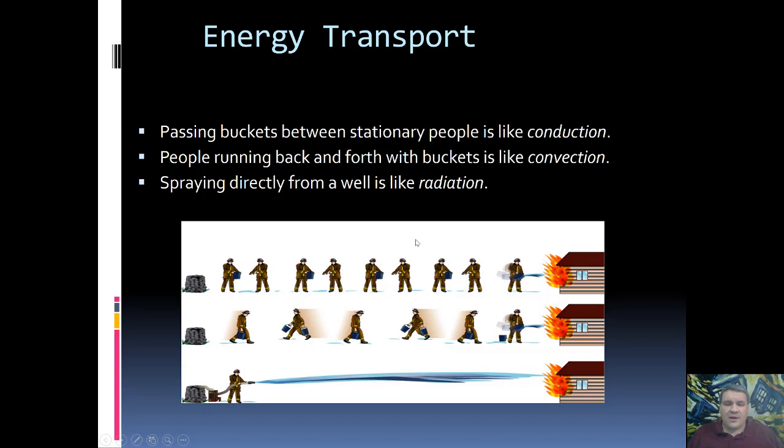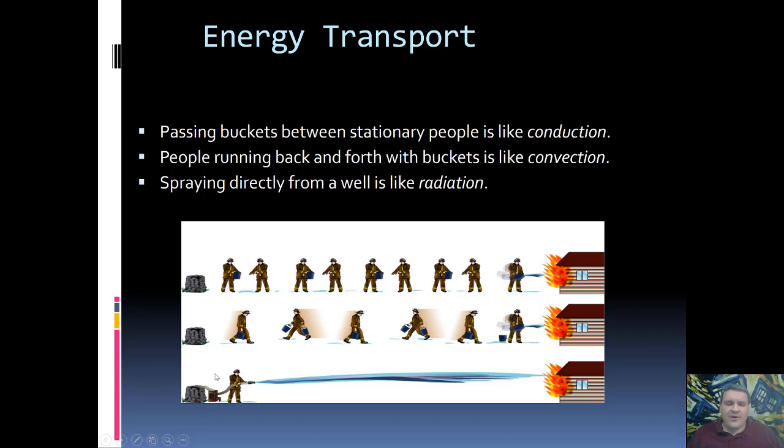This is like conduction. In this next scenario, the firefighters scoop up the water, run over, dump it, and then run back to scoop up more water again. This is similar to convection. In convection, the matter stores up the energy and then travels from one place to another, just like what's happening here. The firefighter scoops up the water and then travels from one place to another to dump the water out.